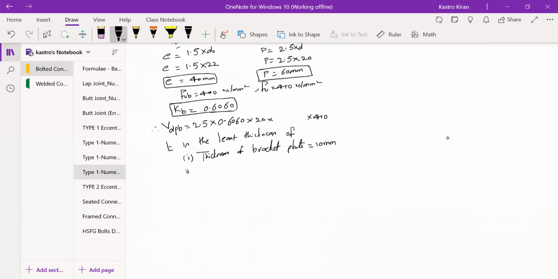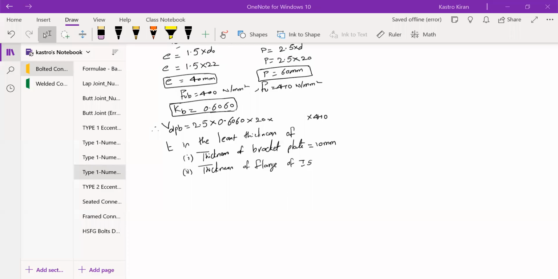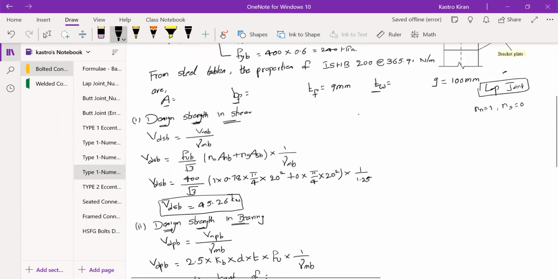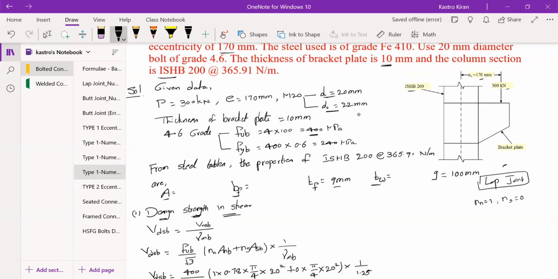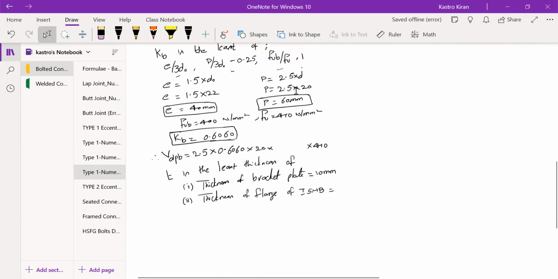And the second condition is the thickness of the flange of the ISHB section, which is obtained from the steel tables book. The thickness of the flange of the ISHB section is 9 mm.